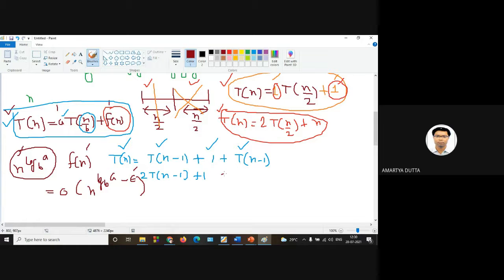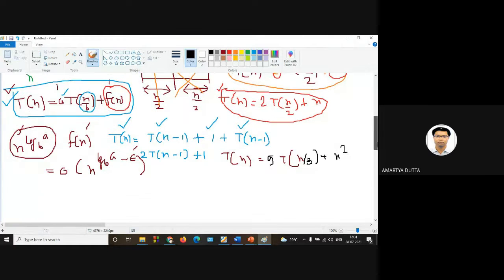Suppose the recurrence is of the form T(n) = 9T(n/3) + n squared. So what will be the complexity of this T(n)?